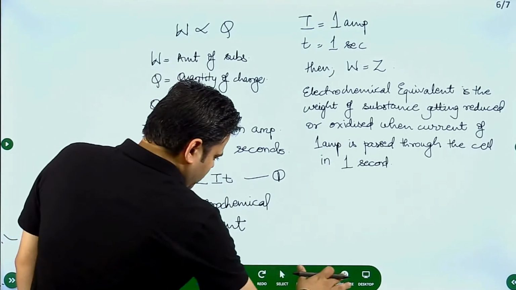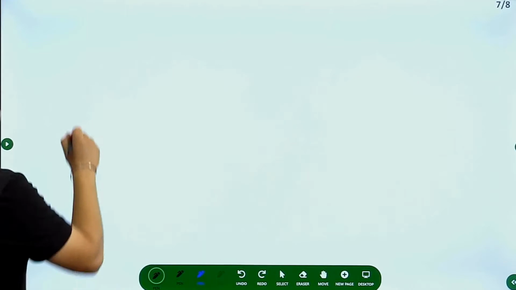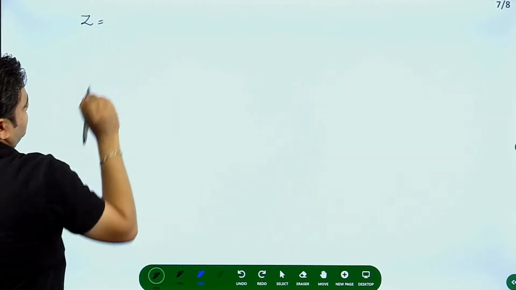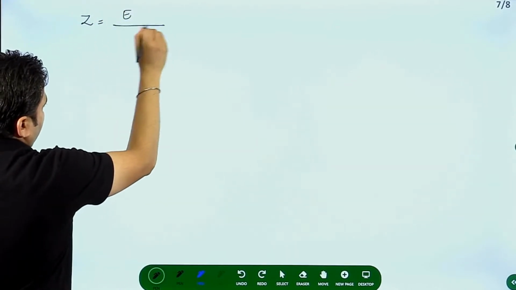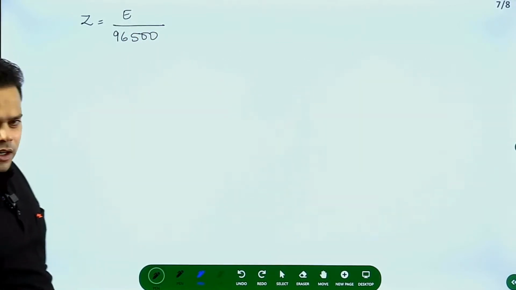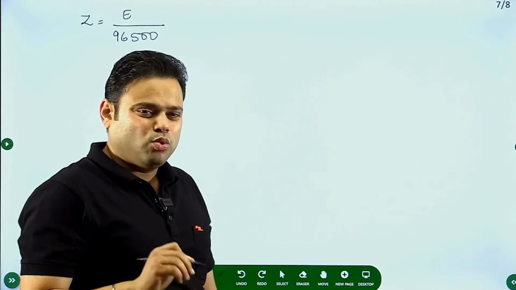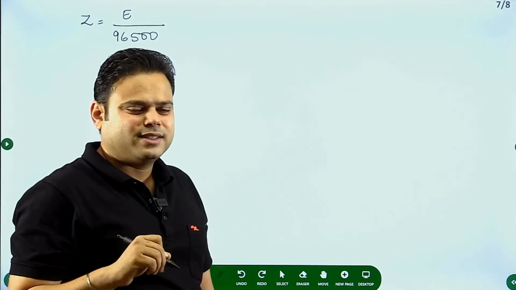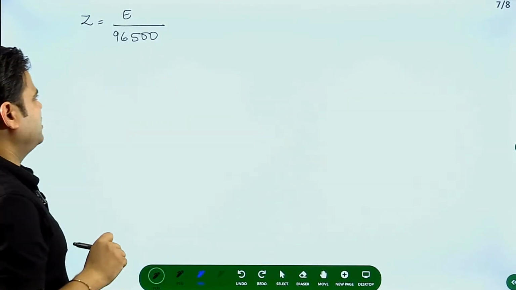Now let us go ahead. Z का एक और फॉर्मूला है, Z is E upon 96500. नाउ ये कहां से आया और ये क्यों आया, ये बहुत इंपॉर्टेंट है अंडरस्टैंड करना. What is E?